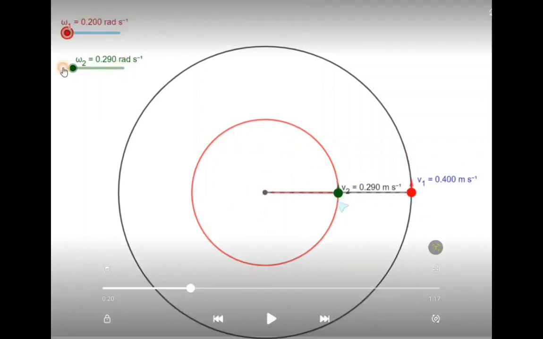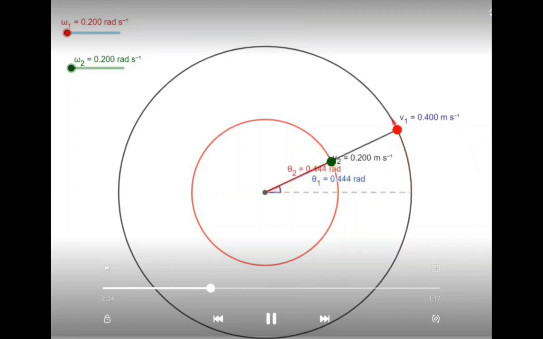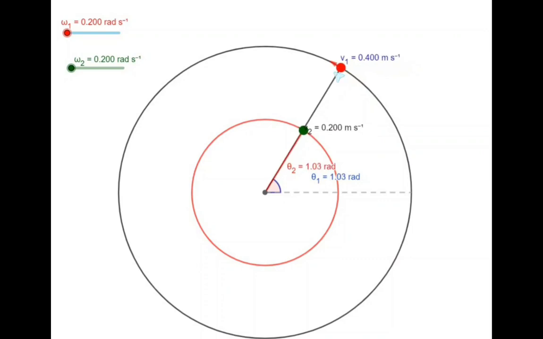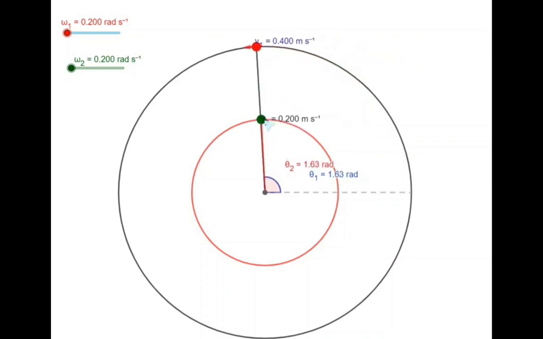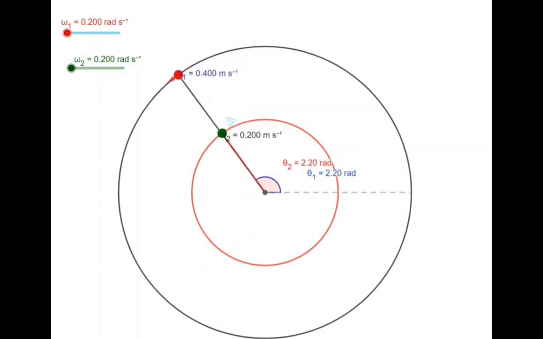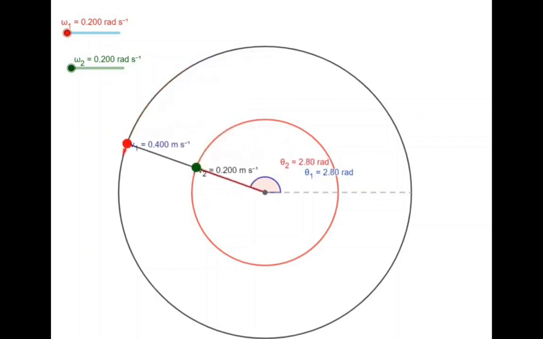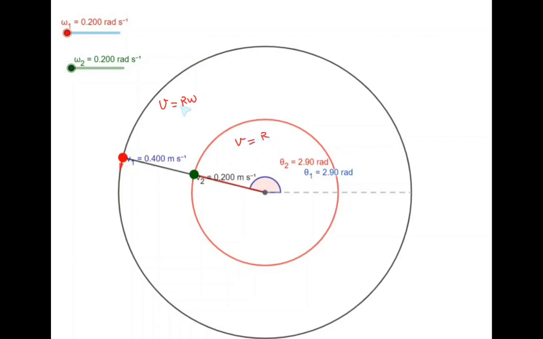If we set both particles to have the same angular velocity, equal to 0.2 rad per second, let's see what's going to happen here. Both particles will have the same angular position, but the velocity is different for both, and it's constant for both particles, because tangential velocity for the red one is equal to r omega, and v for the green one is equal to r omega, let's name them omega 1 and omega 2.